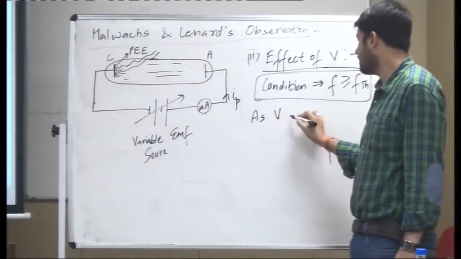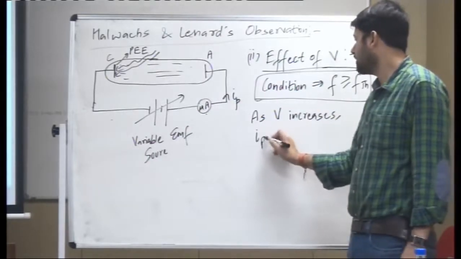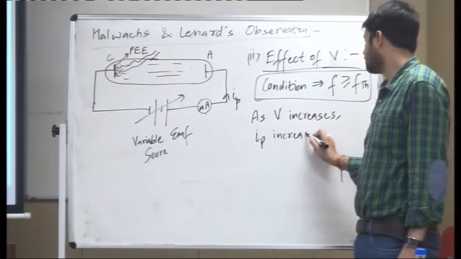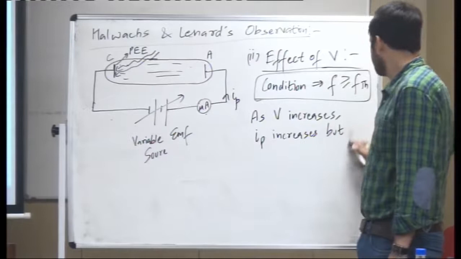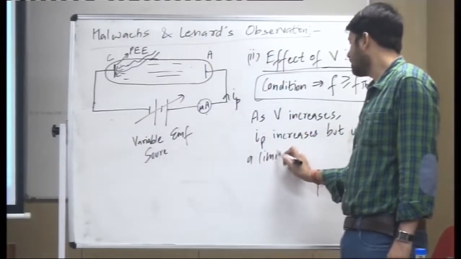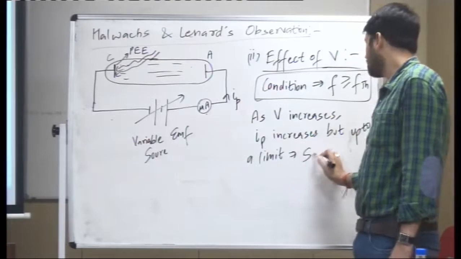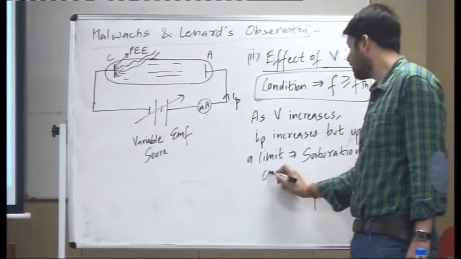As V increases, I_P increases, but up to a limit. That limit is called saturation current.